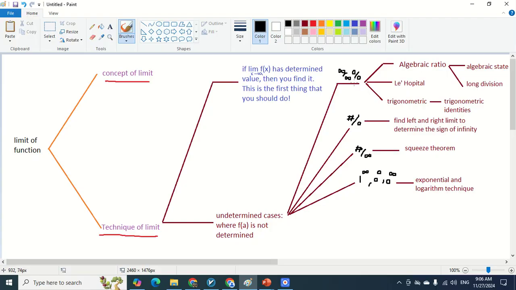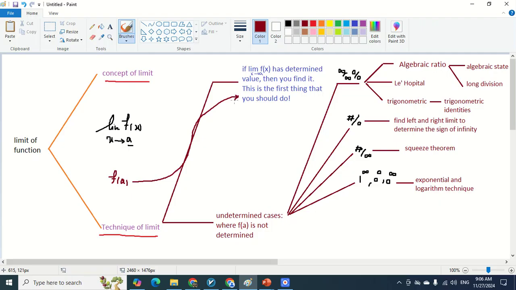If you want to calculate the limit of a function f(x), where x tends to the value of a, the first thing you should do is substitute that value of a in f(x), meaning you should evaluate f(a). If f(a) has no problem, meaning it's not an undetermined case, then you find the limit and everything is good.